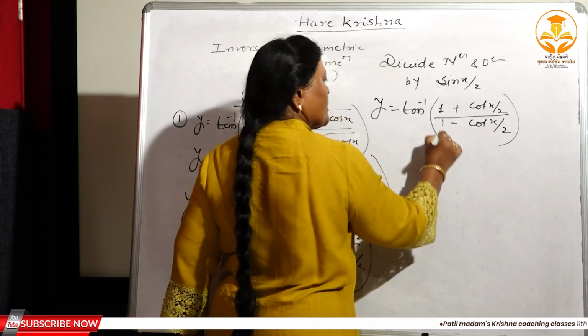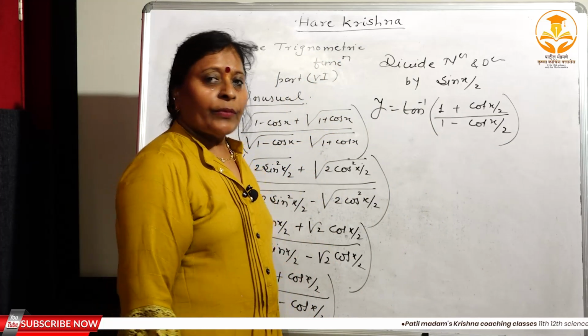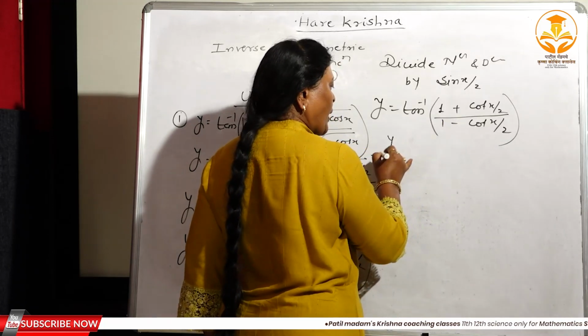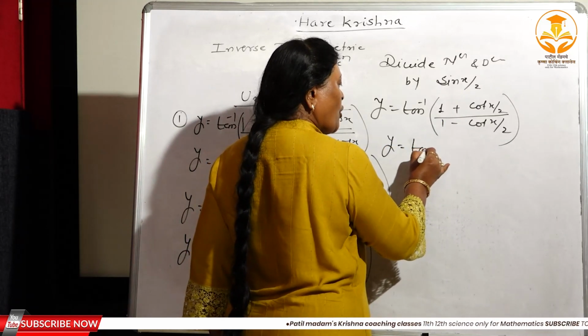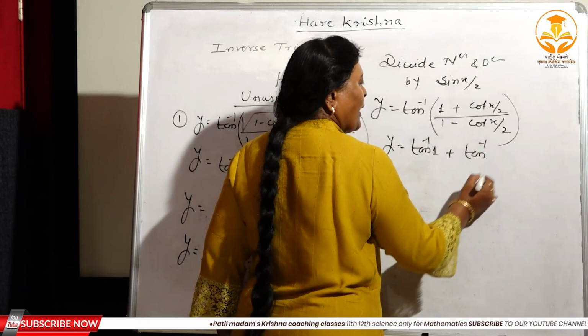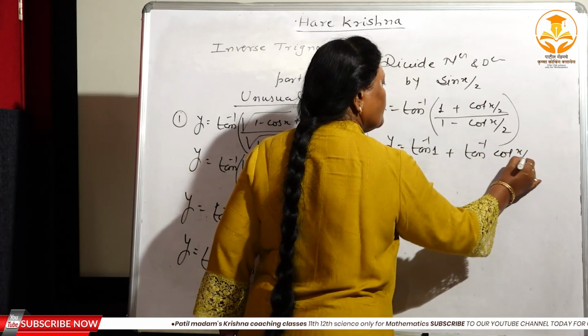If you observe, 1 is strictly there and the multiplication of these two terms is there, so you can use the formula for tan inverse of 1 plus, in simplified form, tan inverse of cot x by 2.